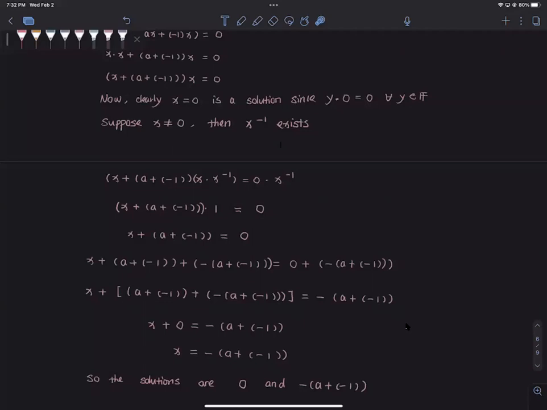Wait, 1 plus what is, hold on, let me think. Let me check the table. I don't remember the whole thing, but it should be somewhere. It depends on which element, added together with 1, would give you 0. So it depends. Can't tell yet.